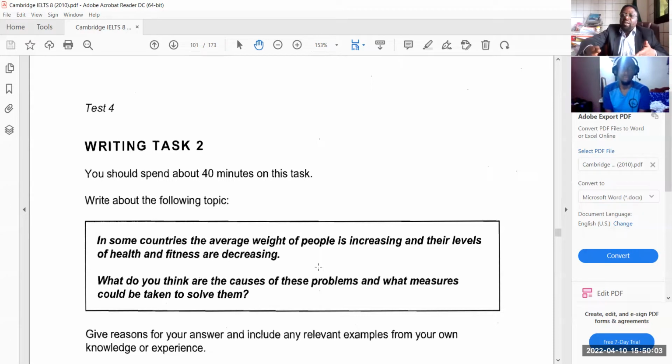Because of many easy means of transportation, easy access to means of transportation. What is the example? Nowadays, people prefer to take a motorcycle for a 100 or 200 meter distance that they used to do on foot.